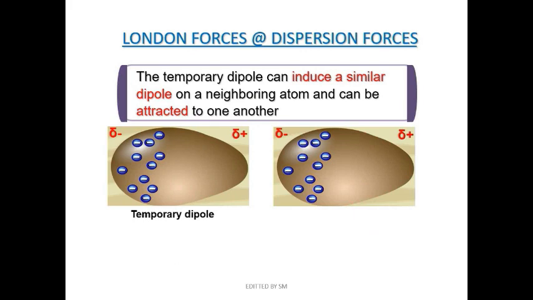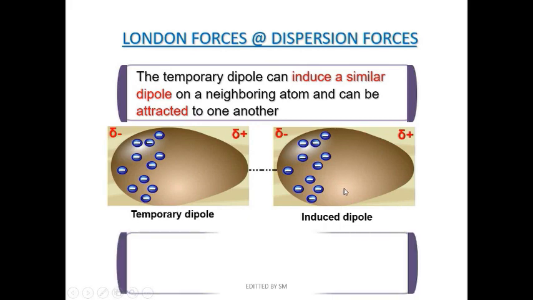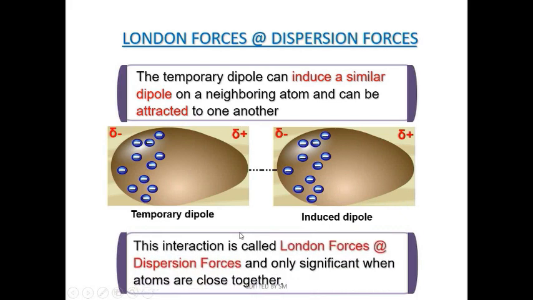Okay, in this figure, we have atoms A and B. A temporary dipole in atom A induces a temporary dipole in atom B. This interaction is called London forces or dispersion forces, and is only significant when atoms are close together.